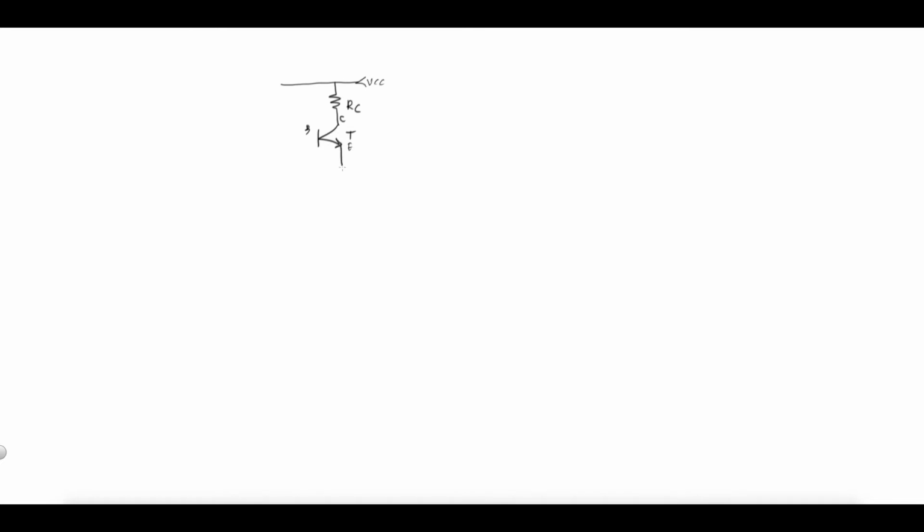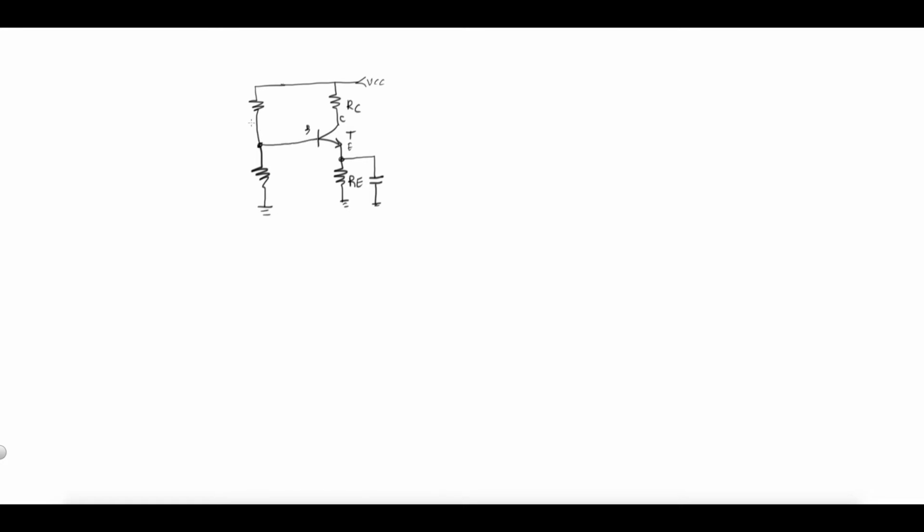And let's say we have RE, but we're going to bypass it in this manner in AC. And let's say we have R1, R2, so a voltage divider.